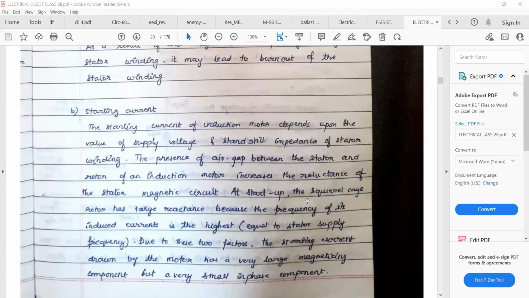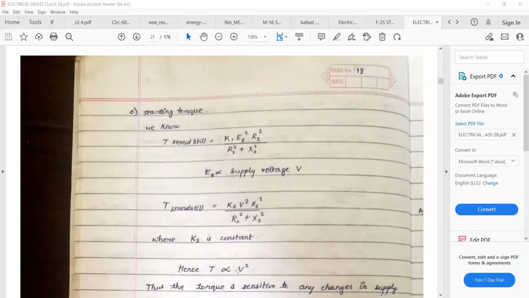At startup, the squirrel cage rotor has high reactance because the frequency of its induced current is the highest, that is equal to the stator supply frequency. Due to these factors, the starting current drawn by the motor has a very large magnetizing component but a very small in-phase component.